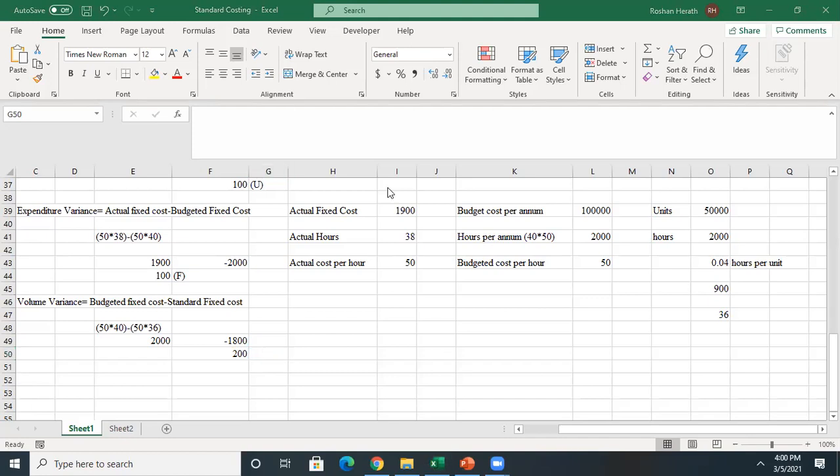It's an unfavorable variance. Yes, the 200 is an unfavorable variance. Very correct.